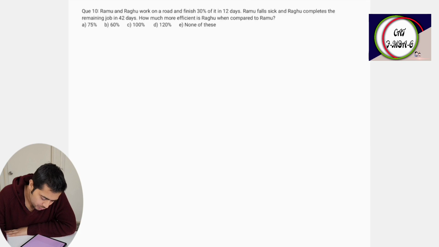Ramu and Raghu work on a road and finish 30% of it in 12 days. Ramu falls sick.